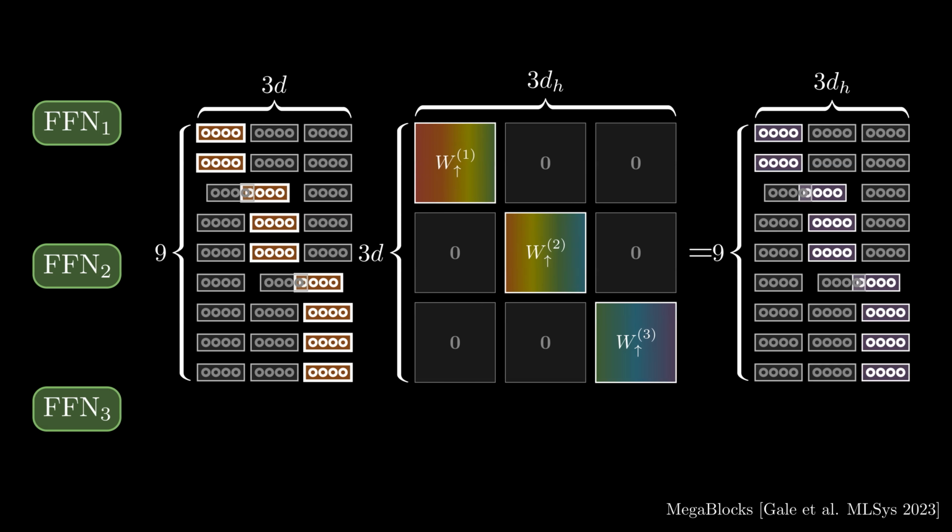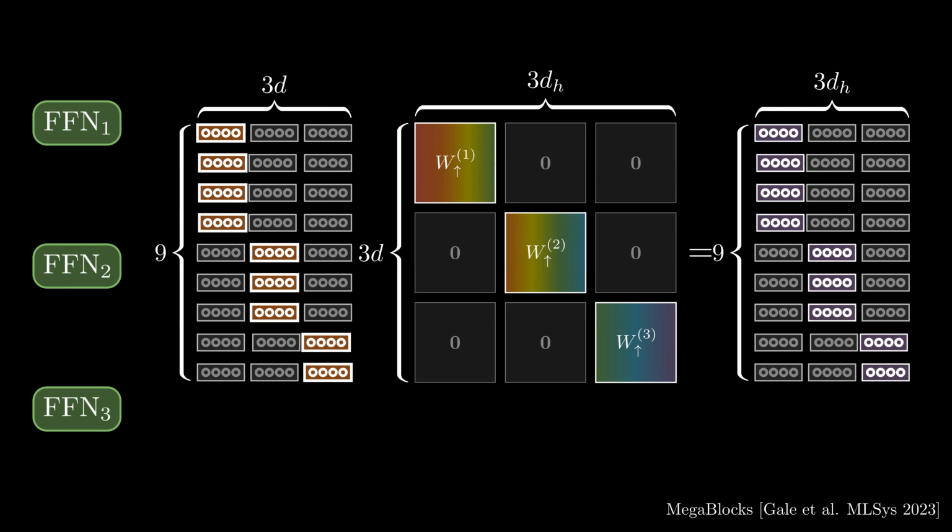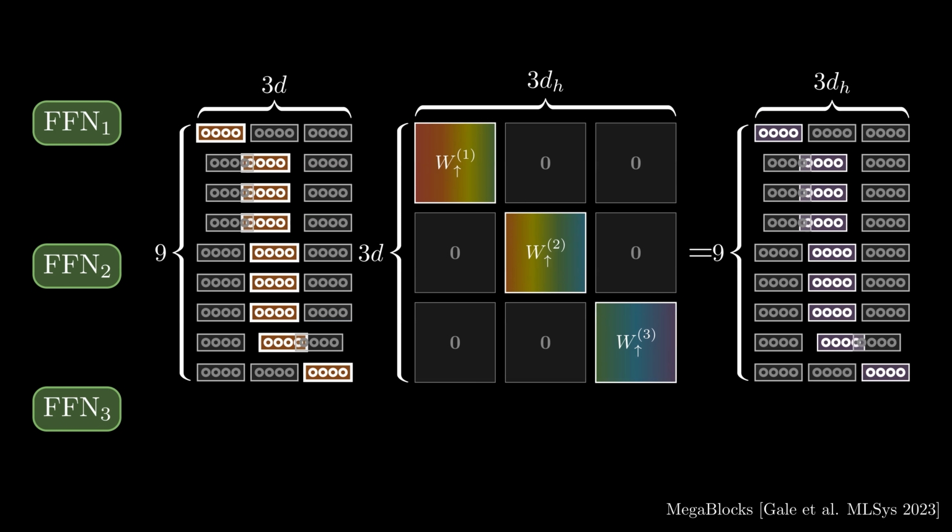The benefit of this expression is that we don't need to drop tokens when the experts receive an uneven number of tokens. The matrix multiplication structure remains the same as a block row matrix multiplied by a block diagonal matrix. With uneven routing, the only difference is that the size of each block may vary.